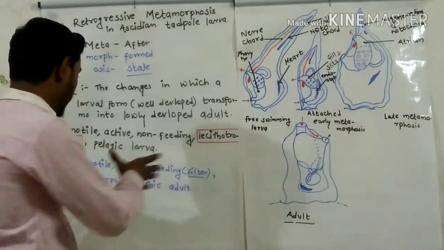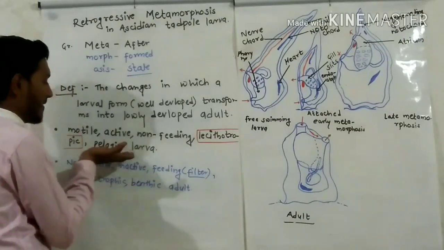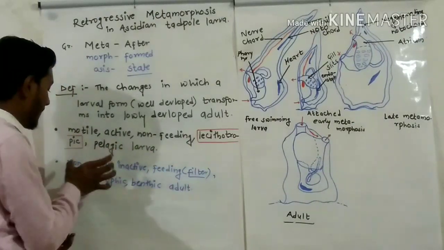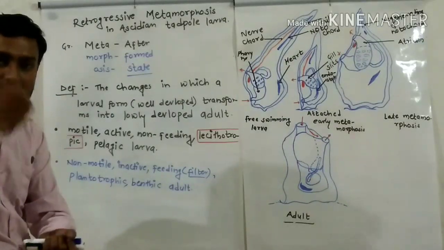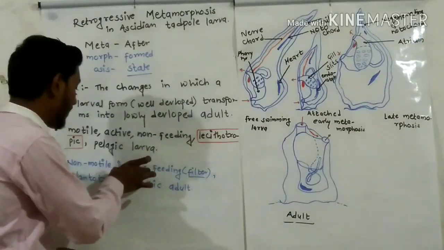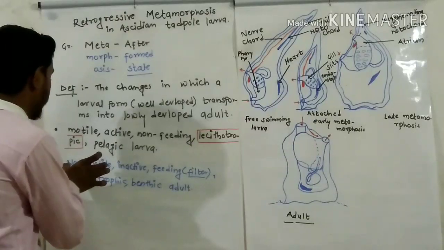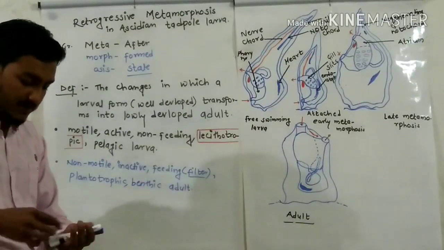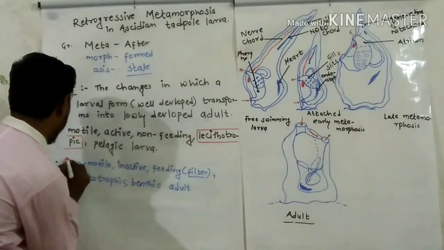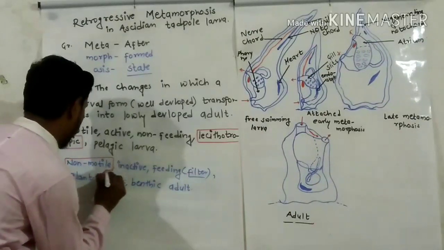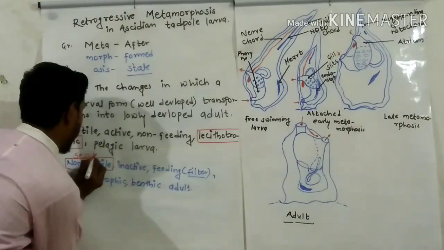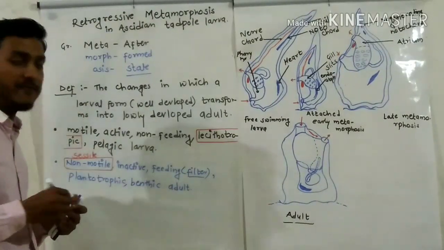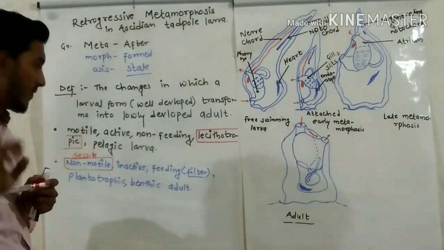These are exactly opposite, as the larva is transforming into the adult. The adult becomes non-motile because it becomes sedentary and attached to one surface, and it becomes inactive. Instead of non-motile you can also write sessile, which means it is attached firmly to a surface.